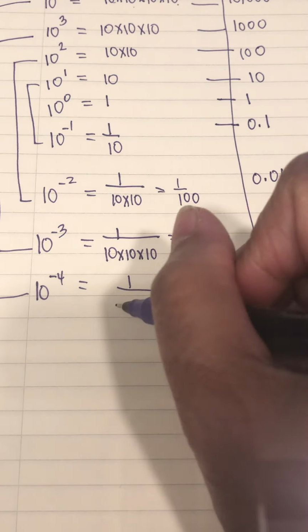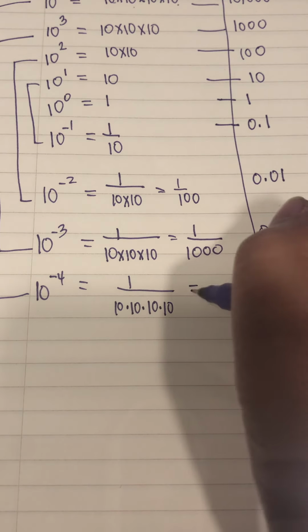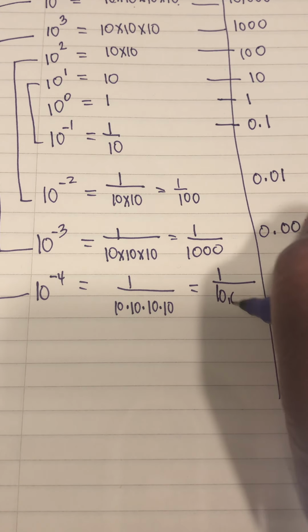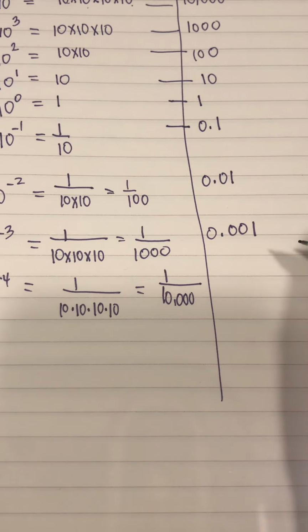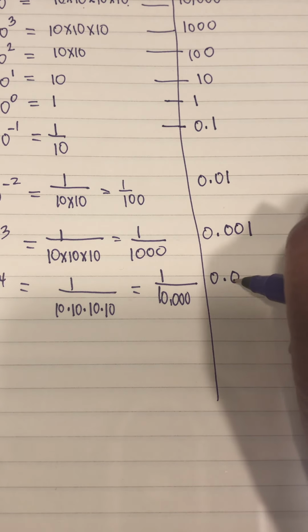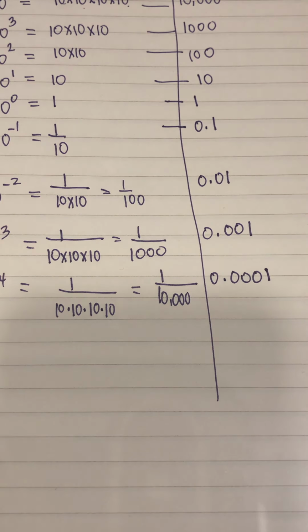So that is 1 over 10 times 10 times 10 times 10, which is 1 over 10,000. And we can write it in decimal form as tenths, hundredths, thousandths, 1/10,000th. Okay?